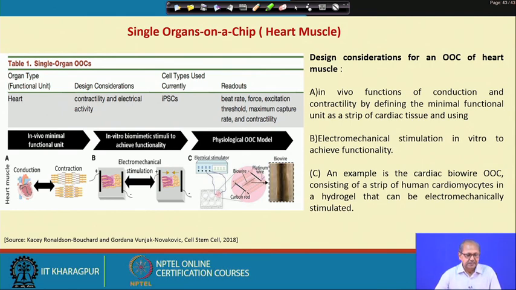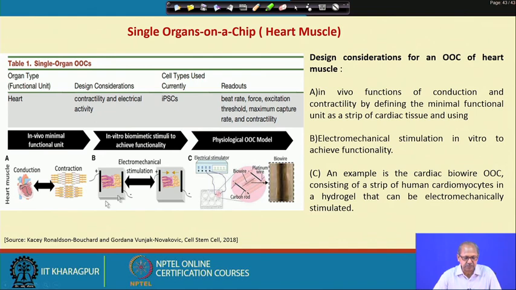That contraction is induced by electrical polarization that could be mimicked by electrodes. In the in vivo system, this electrical conduction is done by pacemaking cells, or the pacemaking node, the sinoatrial node.